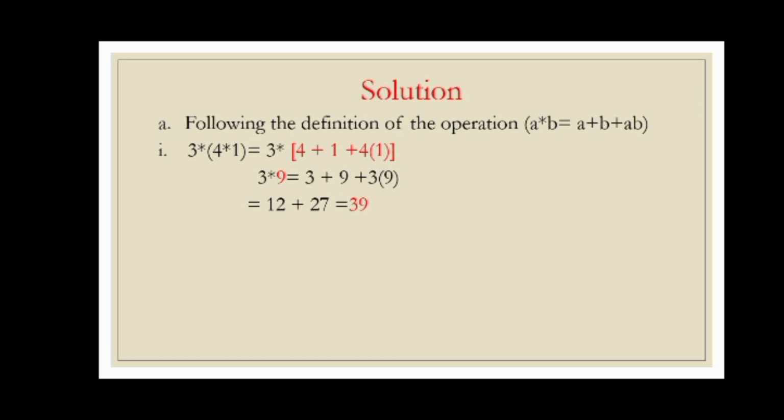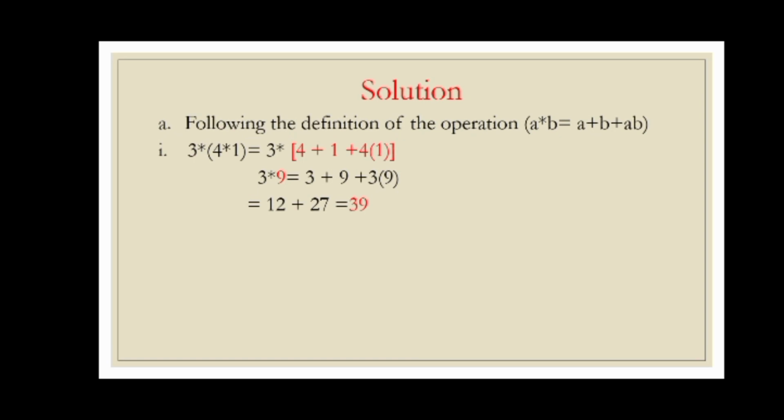So 12 plus 27 is 39. So that's the first answer, 3 star into bracket 4 star 1.